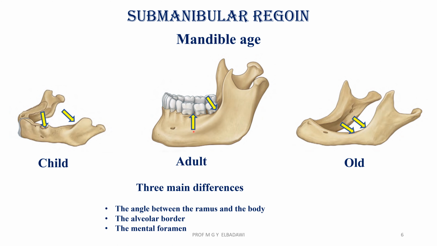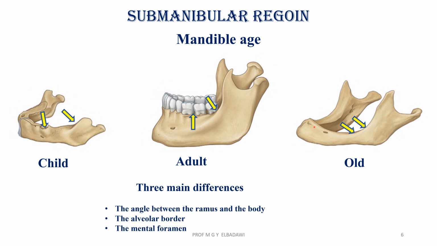But the most important factor which we depend on to determine the age of the mandible is the mental foramen. In childhood, it is near the base due to the difference of development of the upper and the lower part. The lower part is not well developed. In the adult, it is almost in the middle due to the full development of the mandible.